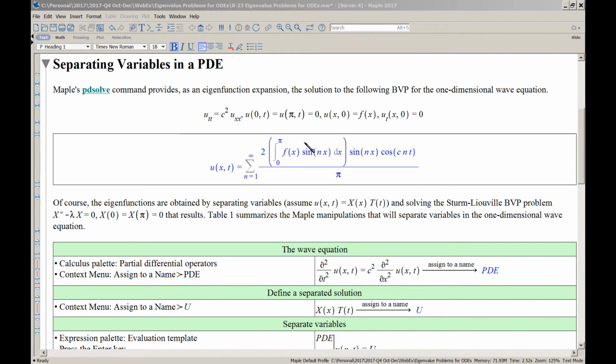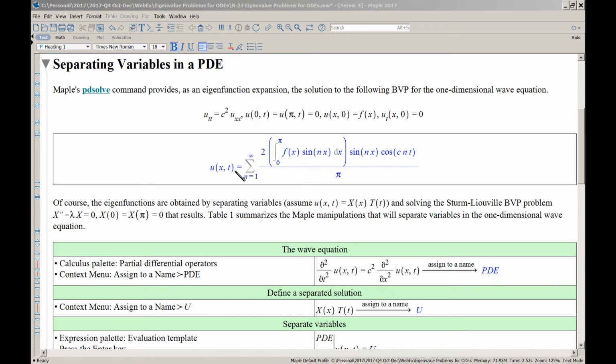Maple can produce this solution. You'll notice these are the Fourier coefficients, and it has computed the eigenfunctions that allow an infinite series expansion for the solution u.